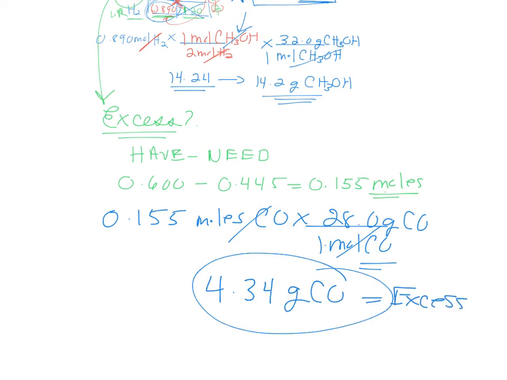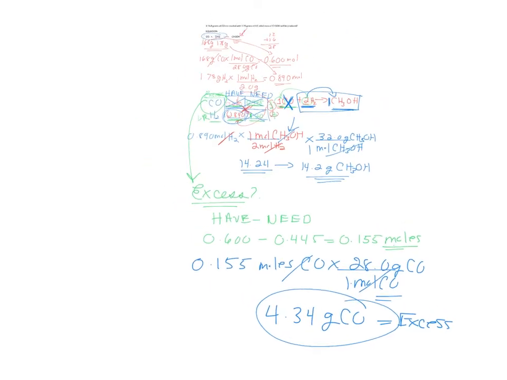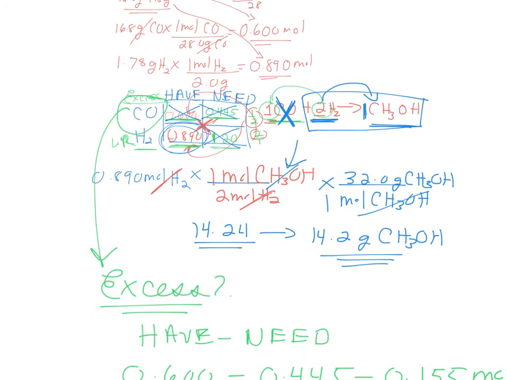That is my excess. Remember that after a limiting reagent problem, there is none of the limiting reagent left over. After the limiting reagent is used up, the reaction stops, and you can always calculate your excess by using the molar box, what you have minus what you need, and then you convert to grams.